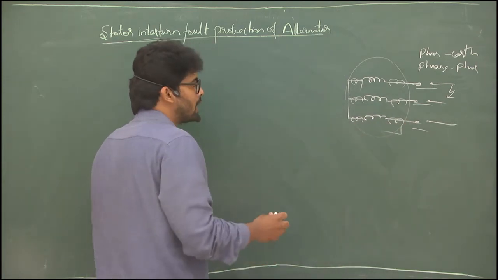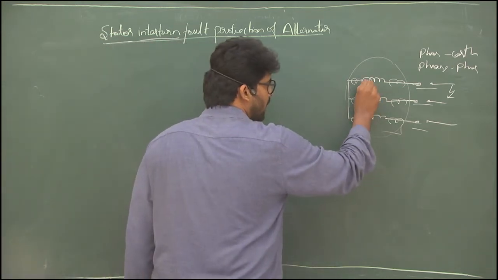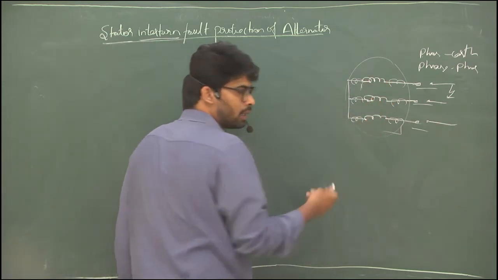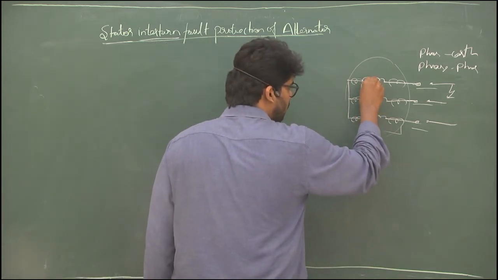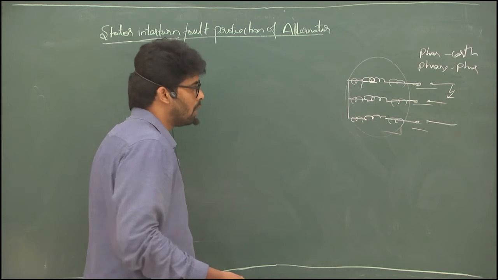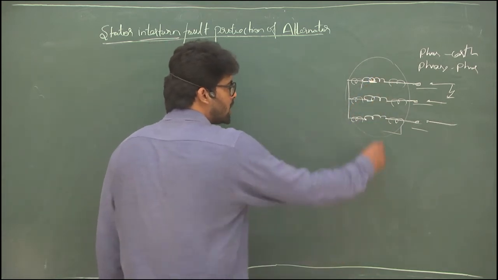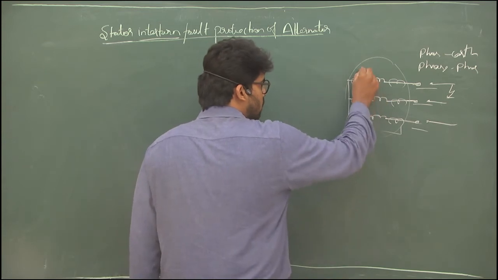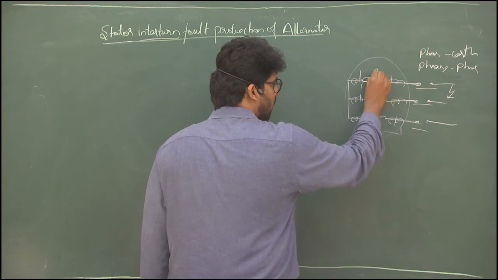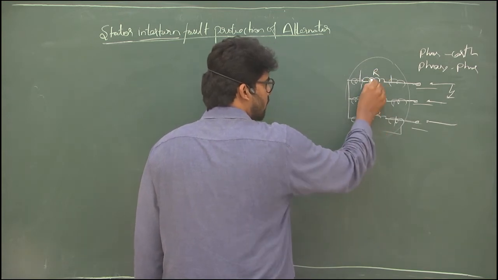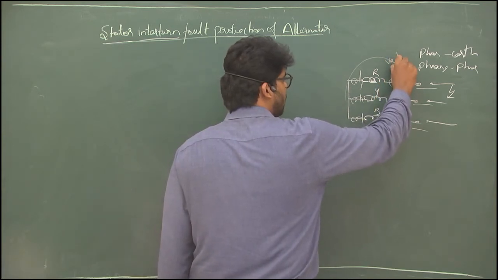Now we'll discuss the stator interturn fault. Each winding has individual interturns, right? But so far we have not concentrated on a fault occurring between the interturns. If the fault occurs here, there will be a short here. If there is a short in the R, Y, B phases, the voltage produced by this R phase will be reduced.